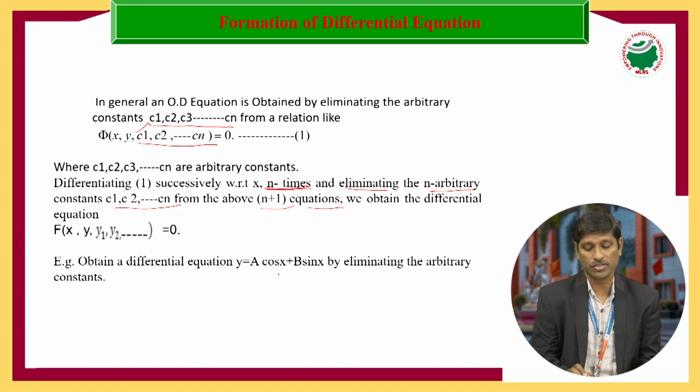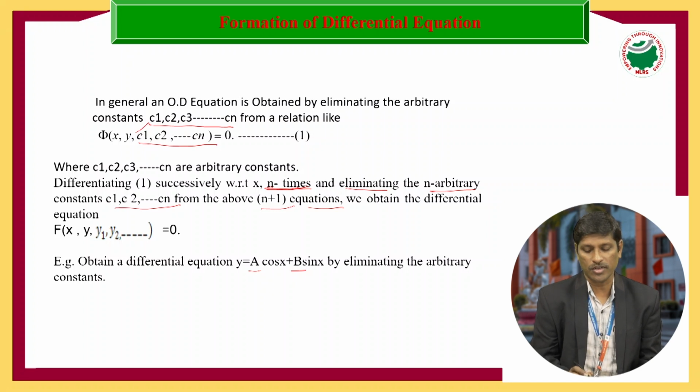So here is the problem: obtain a differential equation for y is equal to a cos x plus b sin x by eliminating the arbitrary constants. This is the given equation, y equal to a cos x plus b sin x. Here there are two arbitrary constants, so the basic rule: however many arbitrary constants there are, that many times we apply the derivative, right?